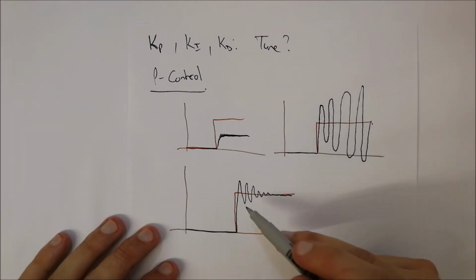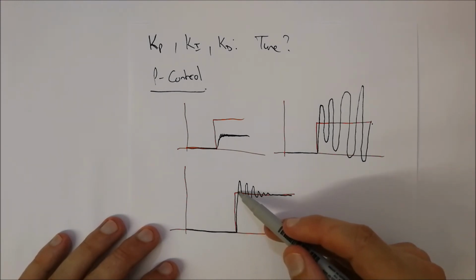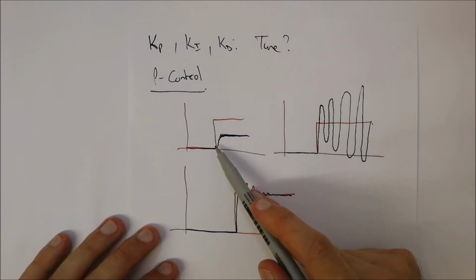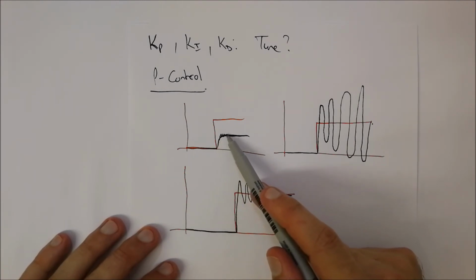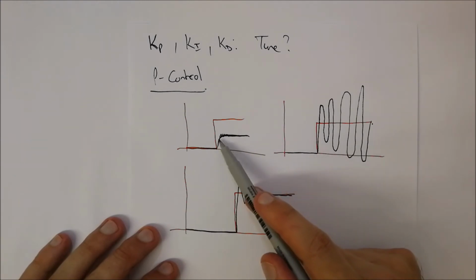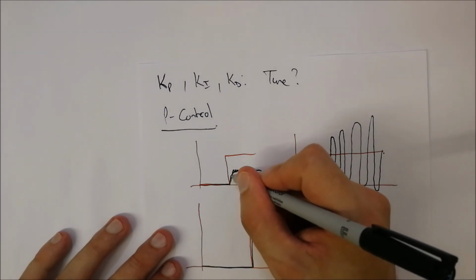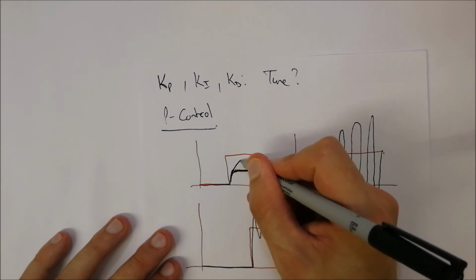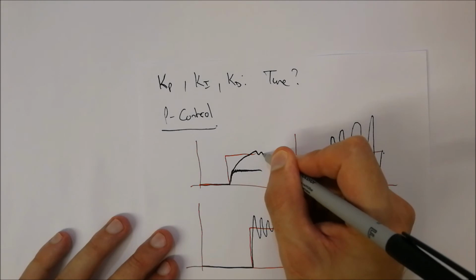Essentially, the bigger your KP value is, the quicker you're going to be able to get to the set point. If it's too low, it might increase and then take a long time before it actually gets to the set point, and then it will oscillate.